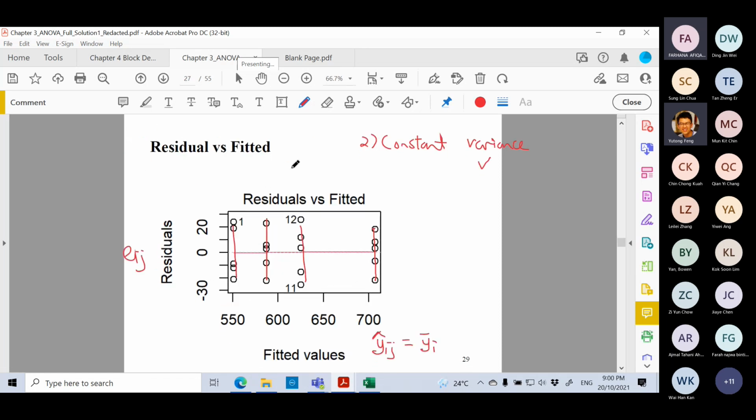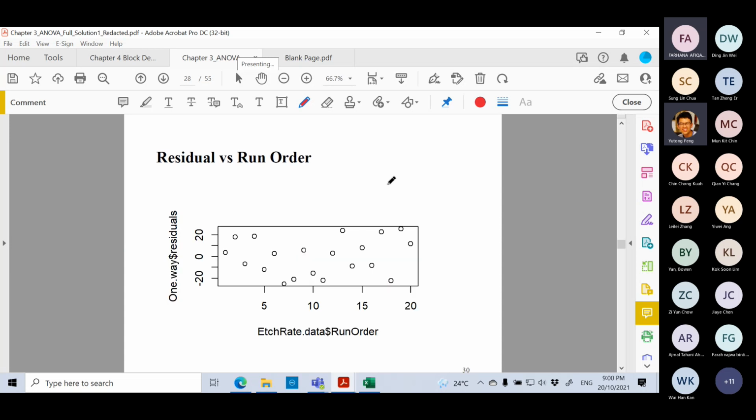The second one is checking the constant variance. You need to plot the residual versus the fitted. If the spread is almost the same, then we say that they have a constant variance.